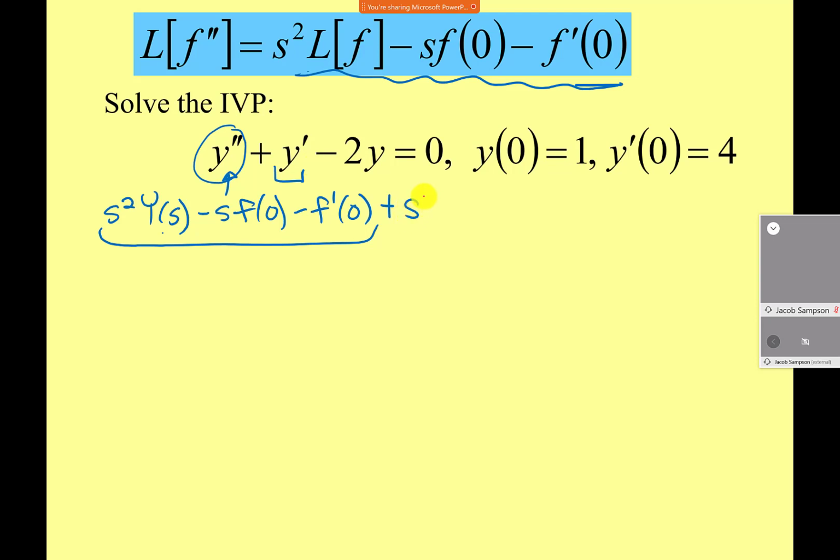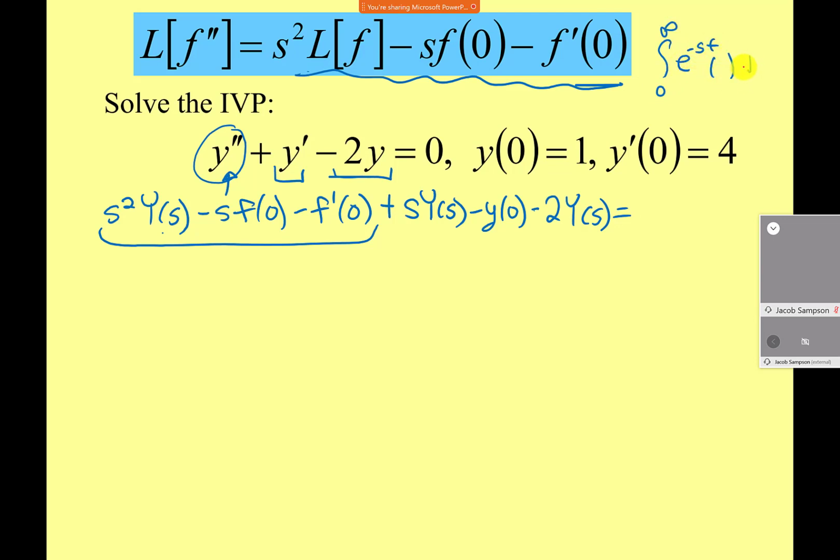That was s times the Laplace transform of y, which is capital Y of s, minus the initial value. And then I move over to the next term, and it's minus 2, and I need to Laplace transform y. So that's capital Y of s. And then equals, and we haven't talked about the Laplace transform of 0, but it should be pretty obvious what it is, because the transform is e to the minus st.